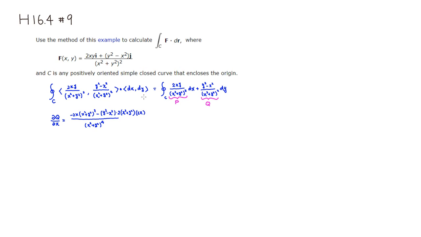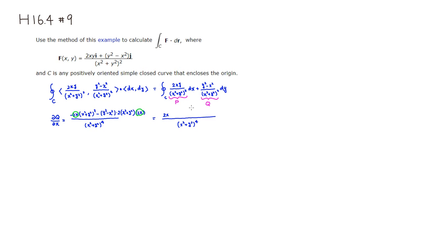Let's pull out the common factor. We have 2x, so I'm going to pull out the 2x here and the 2x together and put it in front. Then we have the same denominator, so I'll just copy that.